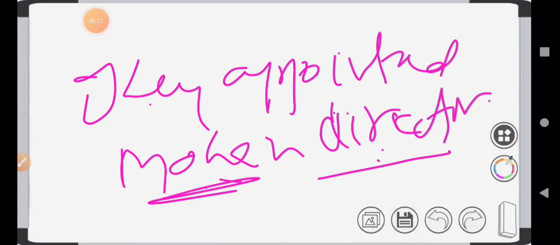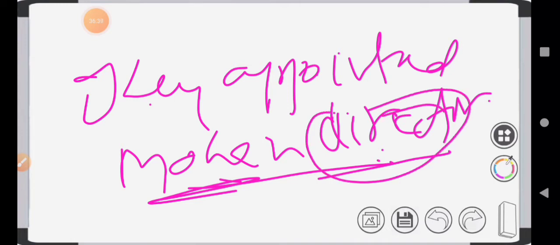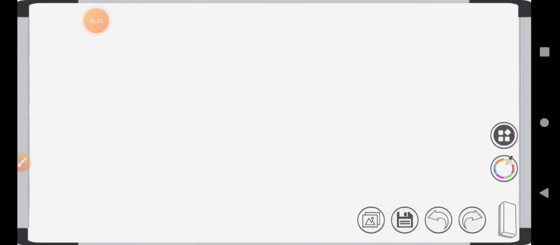Mohan is director. It tells something about the object. The object complement tells more about the direct object. Director is the object complement. There are two complements: subject complement and object complement. This is what you should understand, my dear students.